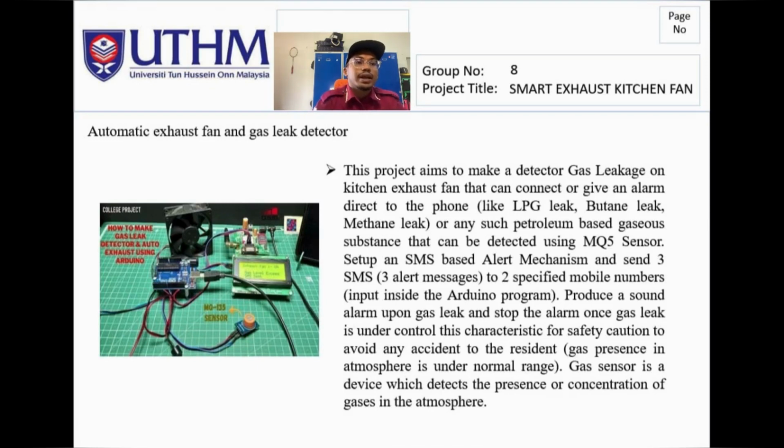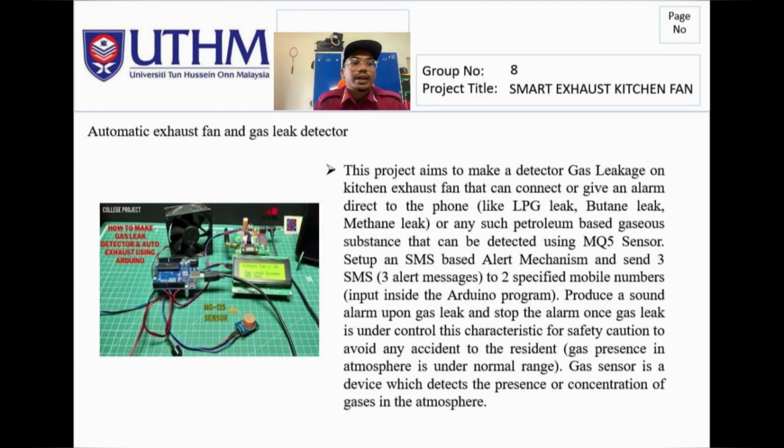Okay, this project aims to make a gas leak detector and turn on the kitchen exhaust fan, which can connect or give an alarm directly to the phone, for LPG leak, butane leak, methanol leak, or any petroleum-based gasoline substance that can be detected using an MQ5 sensor.